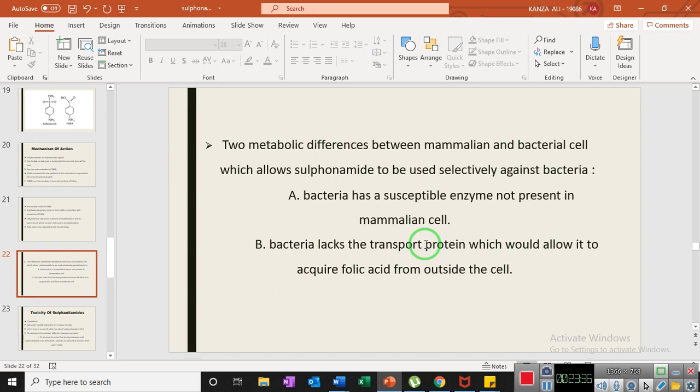While in the case of mammalian cell, the transport protein is present, and hence we can use the folic acid from outside the cell, while mostly it is not synthesized due to lack of that susceptible enzyme.